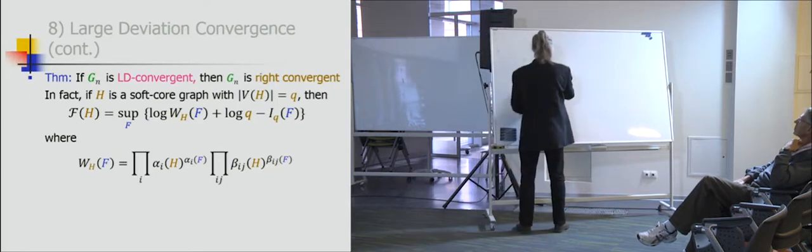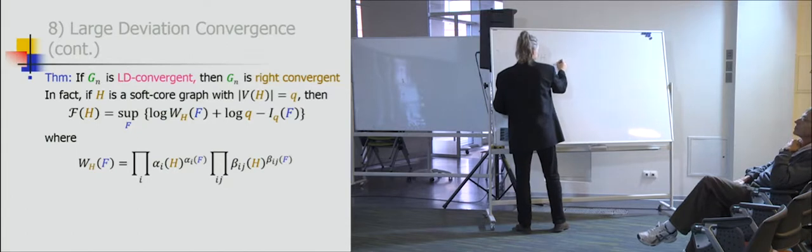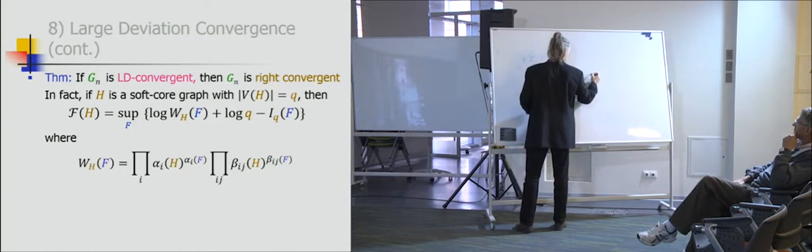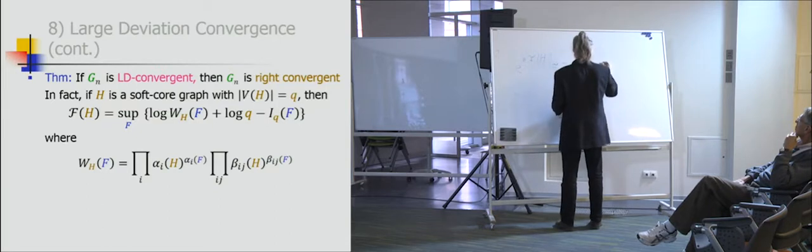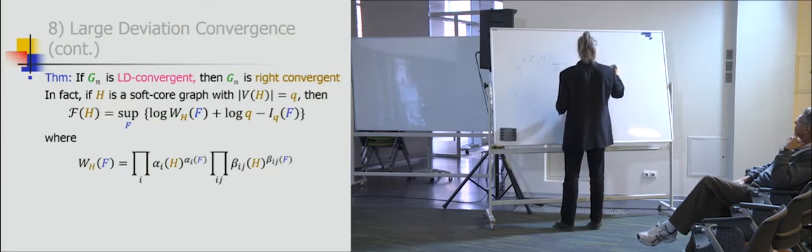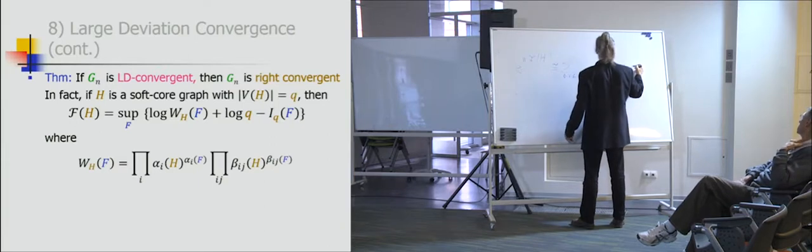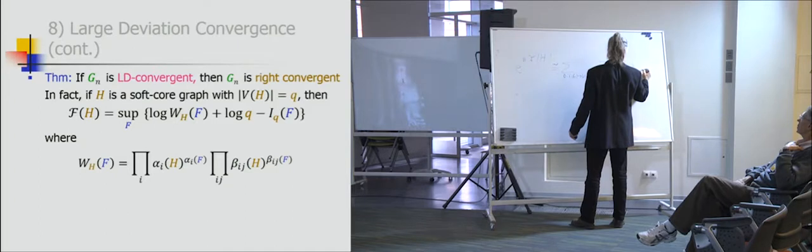In the limit, this is just equal to the sum over all colorings from V of G into V of F, of the product over the A phi of X and the product over edges. What was this called? Beta phi of X, phi of Y.